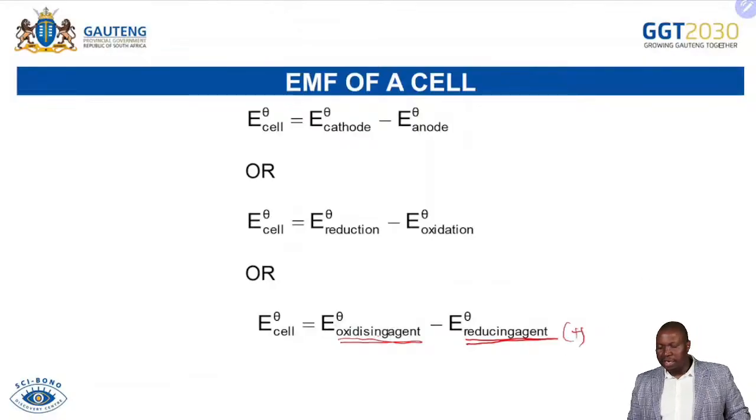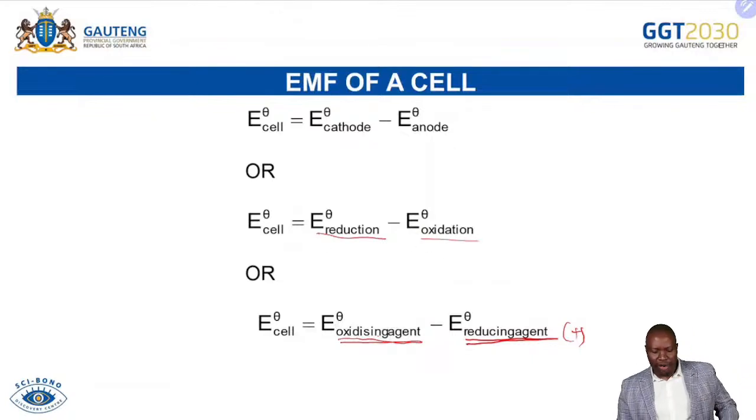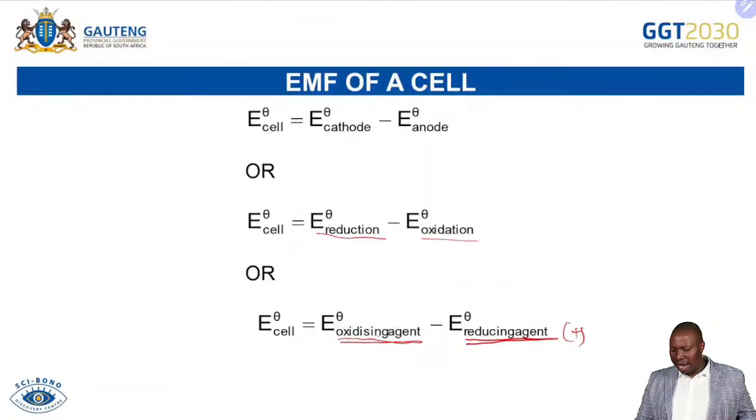Hence, we are saying it is spontaneous. And we are saying now E of the cell is E for the cathode minus E for the anode, using the potential for the reduction or oxidation. And in the event you have forgotten the definition, you can say define oxidizing agent.